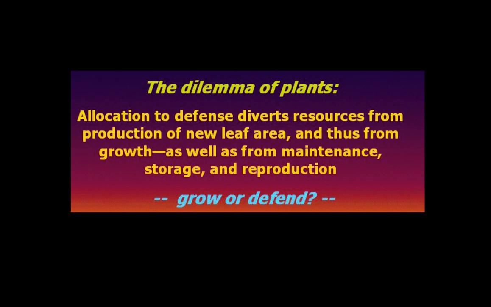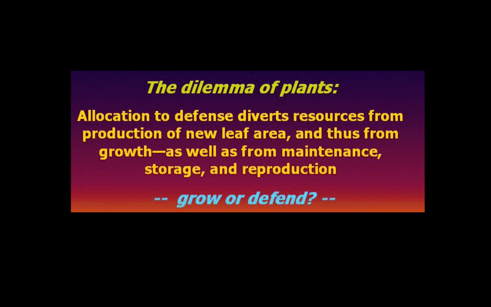So a core dilemma of plants is whether natural selection will select for increased allocation to defense, but that allocation to defense also diverts resources away from production of new leaf area, because of which future growth rate is also limited.